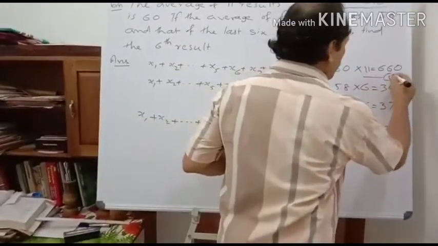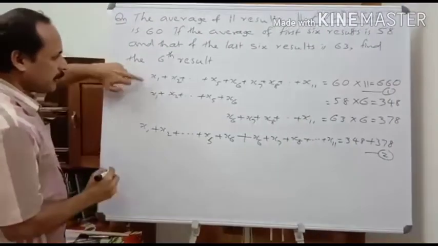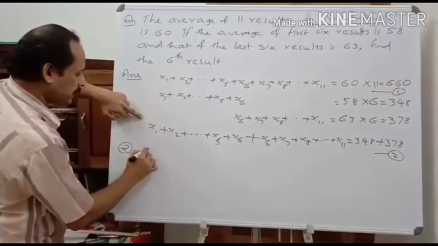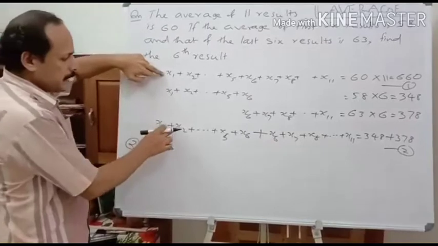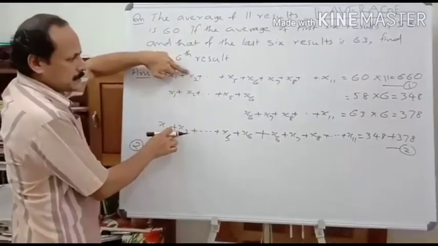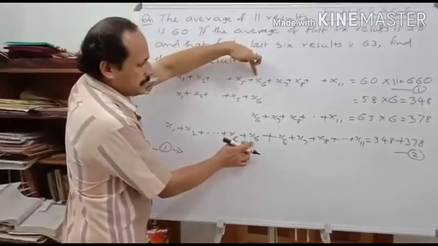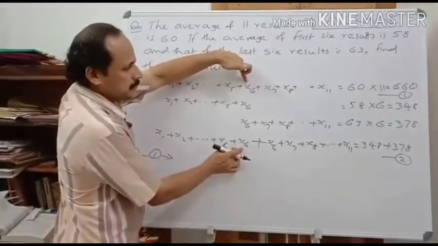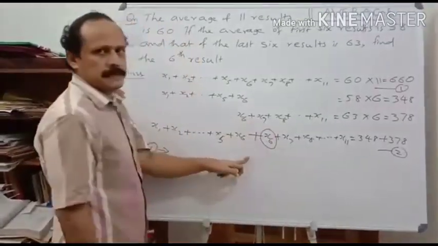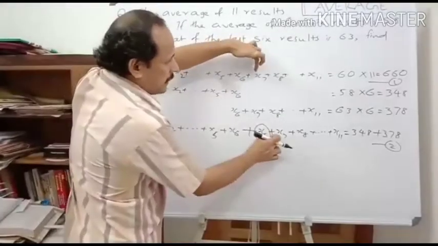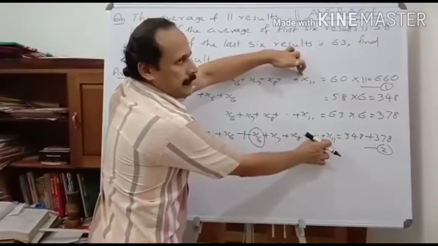Now you subtract this equation from this one. Suppose this is equation 1 and this equation 2. You subtract 1 from 2: x1 minus x1 is 0, x2 and this x2 get cancelled, x5 and x5 get cancelled, x6 and x6 get cancelled, but this x6 doesn't get cancelled, x7 and x7 get cancelled, x8 and x8, finally x11 and x11.